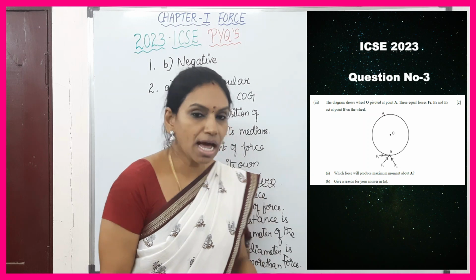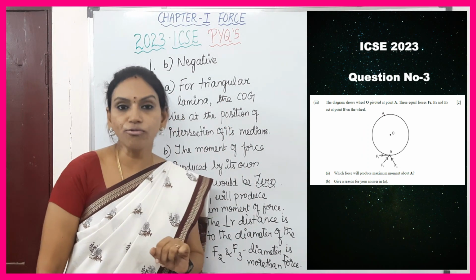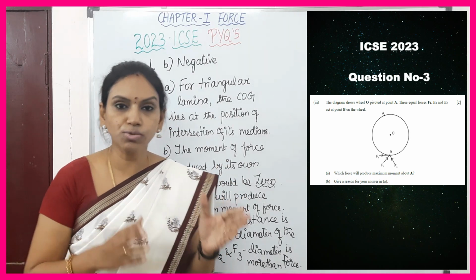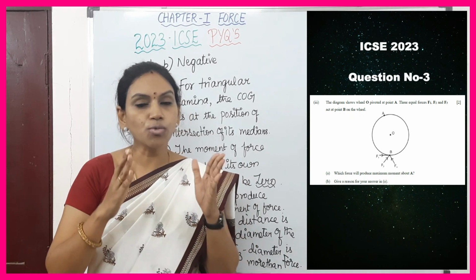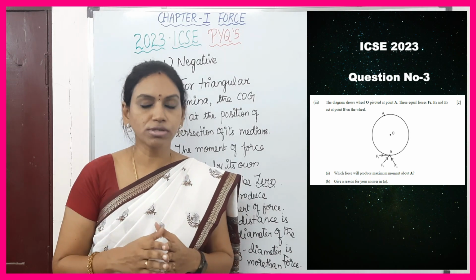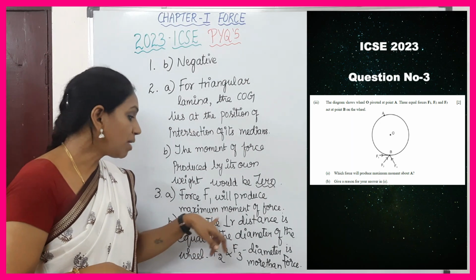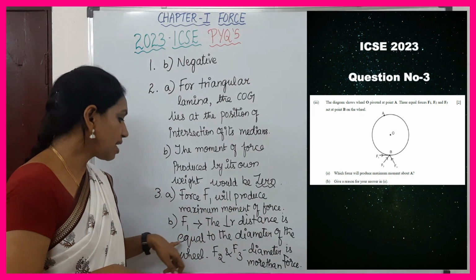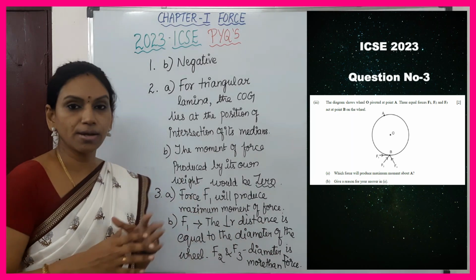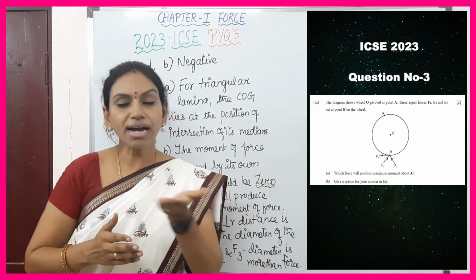So let us see the answer. Force 1 will produce the maximum moment of force among the 3 forces: force 1, force 2, force 3. The reason is that for F1, the perpendicular distance is equal to the diameter of the wheel. Look at the F1 direction, it is exactly perpendicular.